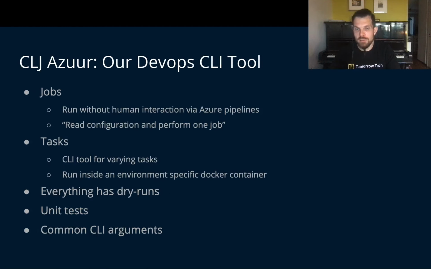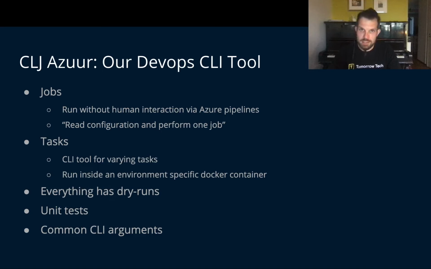Okay, then we ended up building a tool around all that. We call this tool CLJ Azure. So that's the DevOps command line tool we have now, and it's organized in such a way that there are two kinds of operations: jobs and tasks. The jobs are run without human interaction via Azure Pipelines, so they are basically automation that reads a configuration and performs one job that combines many kinds of operations in one bundle.